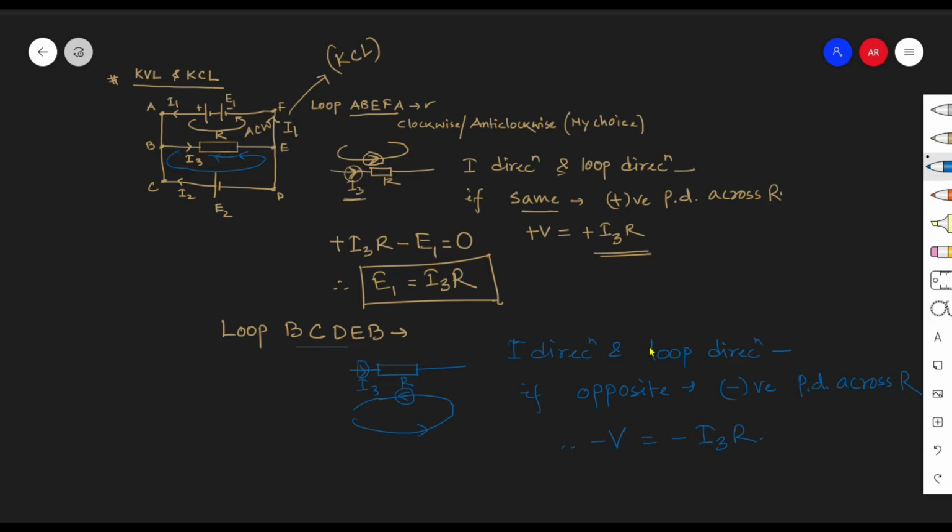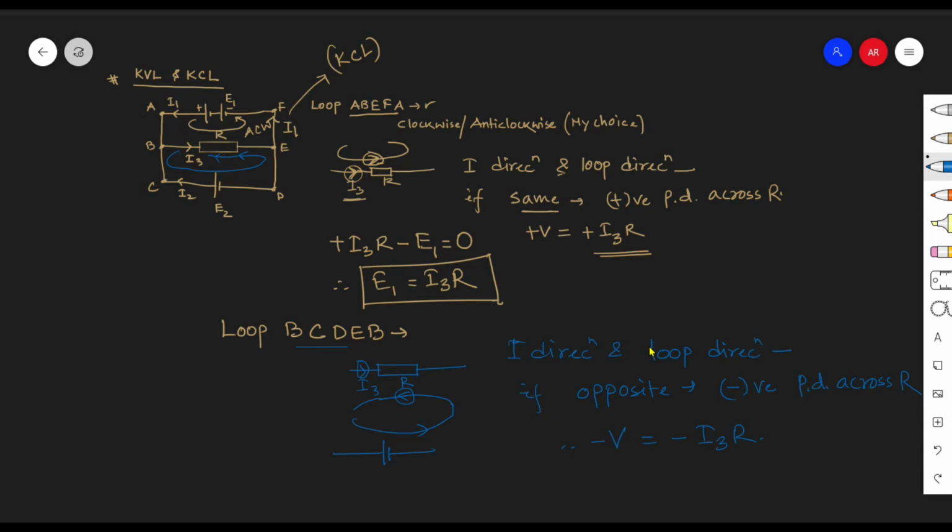So that is Kirchhoff's first law. In Kirchhoff's second law, all the PDs sum to 0. Here the current and the loop direction are opposite and that's why a negative PD is dropped across R, and we wrote negative V equals negative I3R.